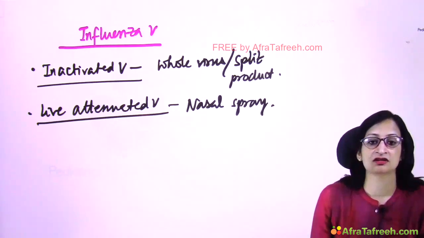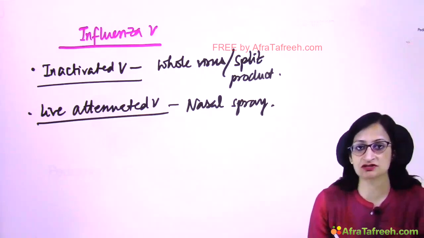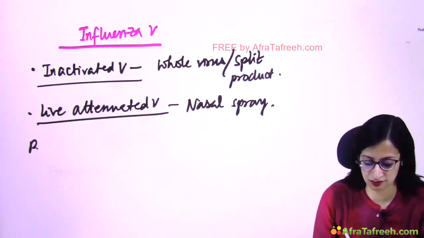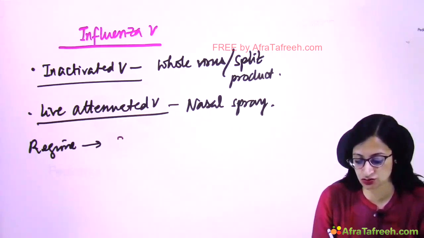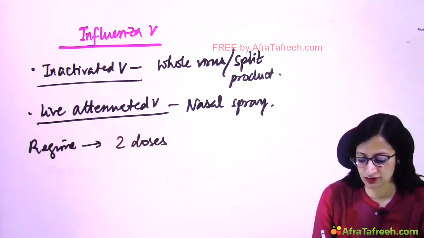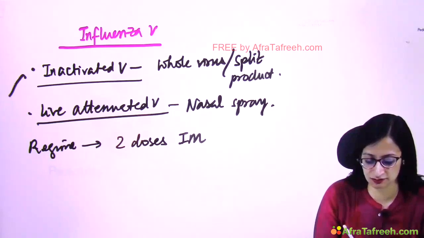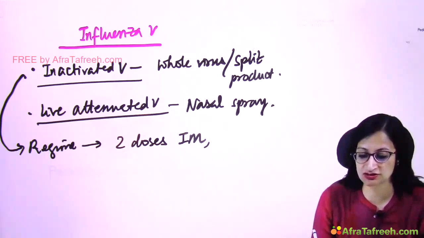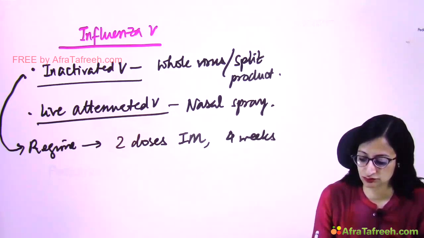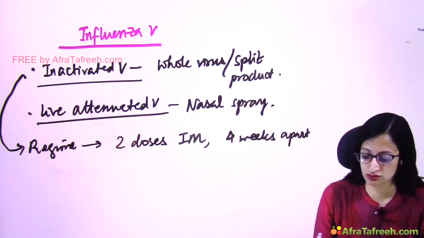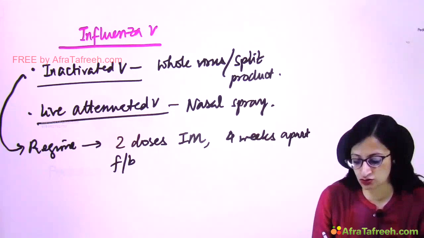Okay. The regime of influenza vaccine which is recommended for all healthy non-pregnant individuals is 2 doses intramuscularly, 2 doses intramuscularly 4 weeks apart for the first dose, followed by 1 dose annually.